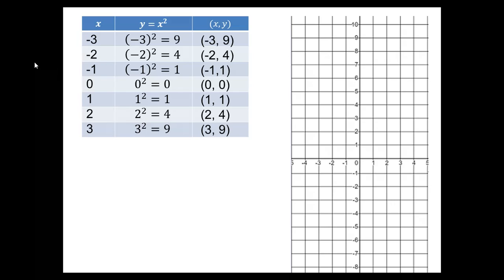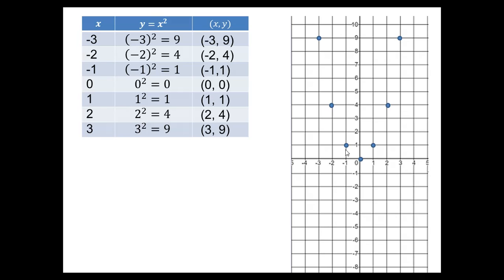I'm putting up my graph so that I can plot the values. Remember, we're starting at 0 and we're plotting it based on our x value and then our y value. So our first one, (-3, 9), and we have (-2, 4), (-1, 1), (0, 0), (1, 1), (2, 4), and (3, 9).